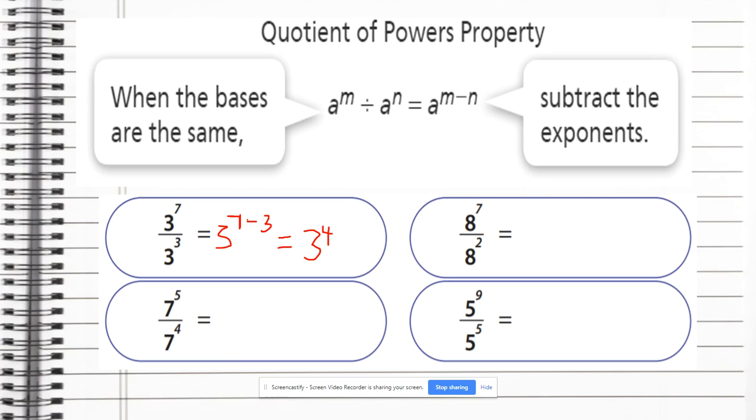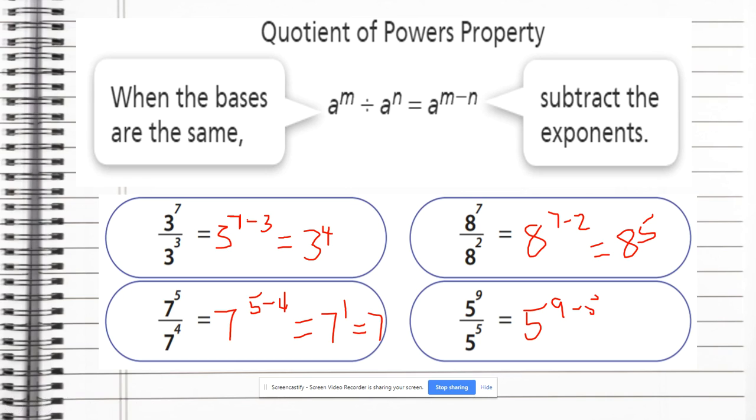Here I have the same base, 8, so 8 stays the same. 7 minus 2 is 8 to the 5th. Not 85, 8 to the 5th. Same base, 7 and 7, so I have 7, 5 minus 4, which is 7 to the 1st, or you might see it as 7. And same base, 5, I have 5, 9 minus 5, which is going to equal 5 to the 4th.